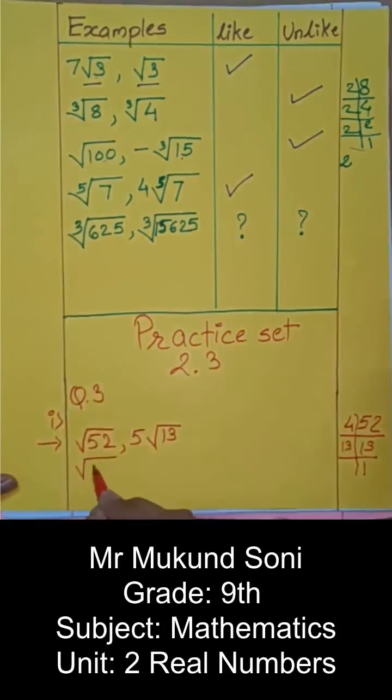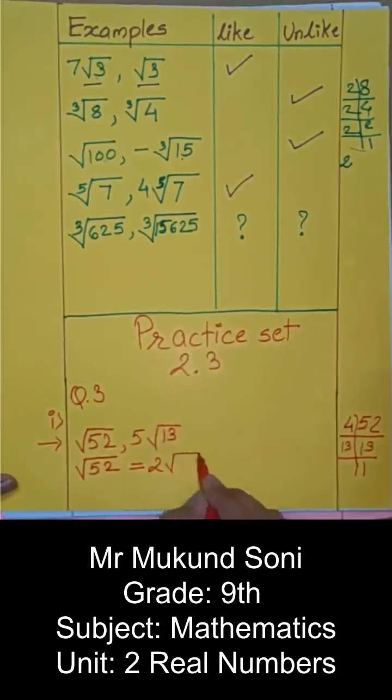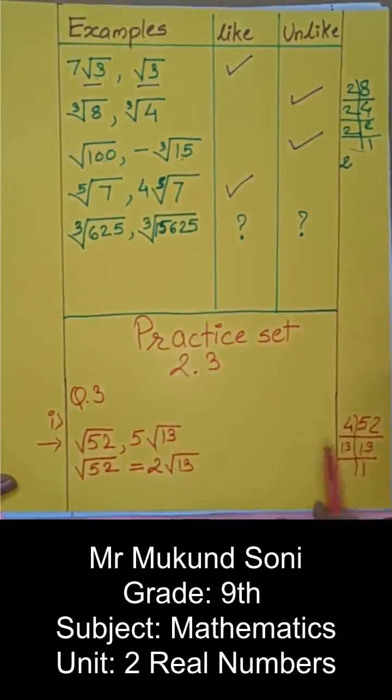So root 52 can be rewritten as 2 root 13, as 4 has a square root 2 and 13 is not getting square rooted. So root 52 is the same as 2 root 13. Now compare this with 5 root 13.